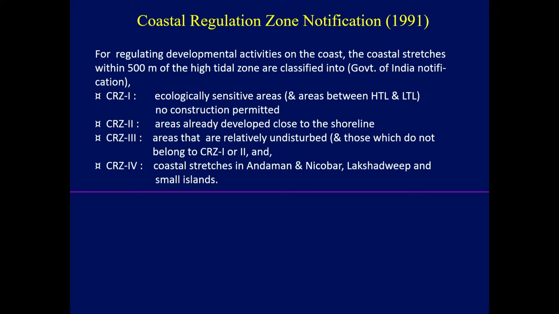So the coastal stretches within 500 meters of the high tide are classified into 4 coastal zones. Basically we call it the CRZ boundary: from the high tide line, 500 meters towards the land, that entire area and the area between high tide and low tide will be termed the Coastal Regulation Zone, which can be divided into 4 parts: CRZ 1, 2, 3 and 4.